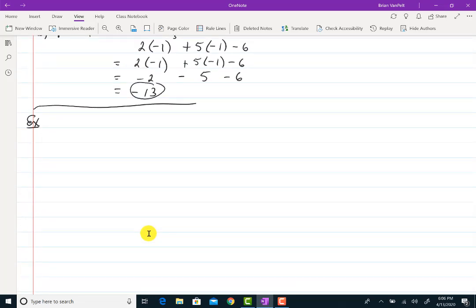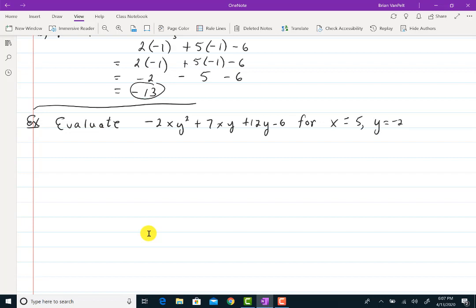Let's do a couple more examples. Evaluate negative 2xy squared plus 7xy plus 12y minus 6 for x equals 5, y equals negative 2. So here I have two variables to plug in for both x and y.